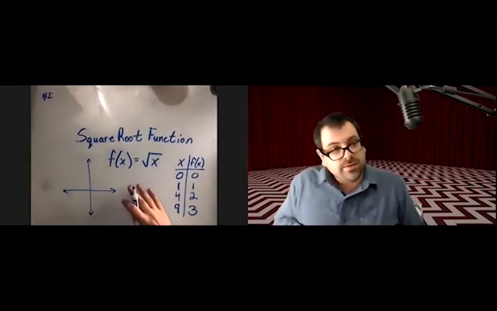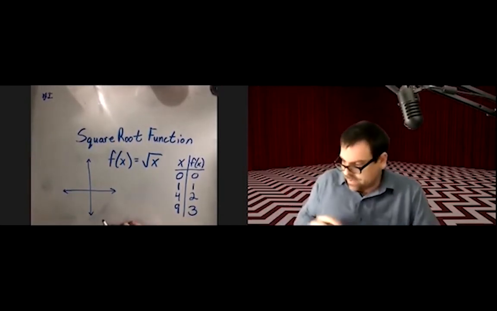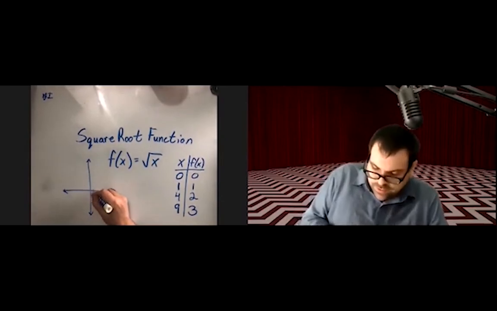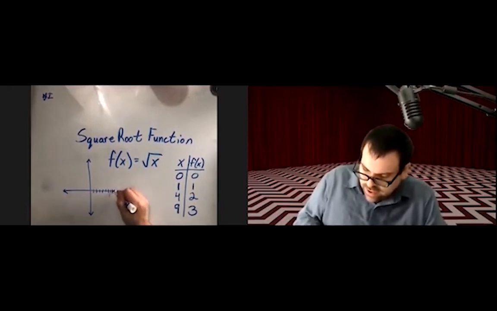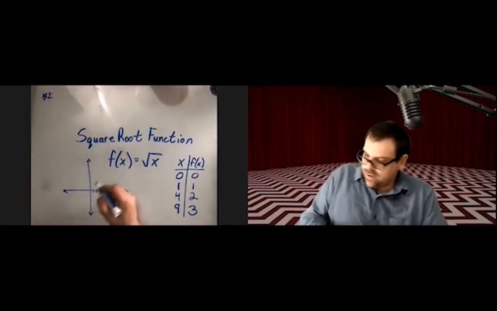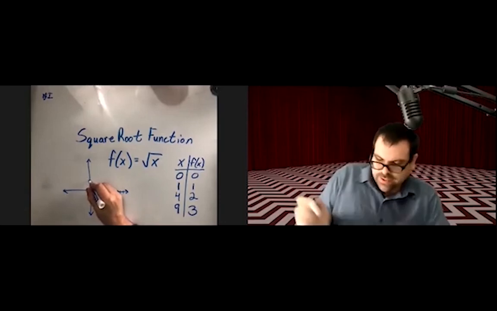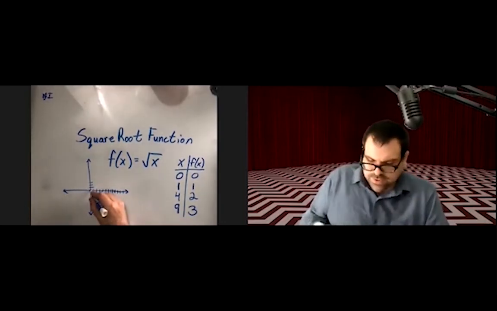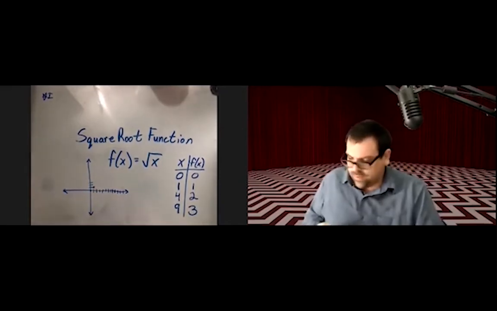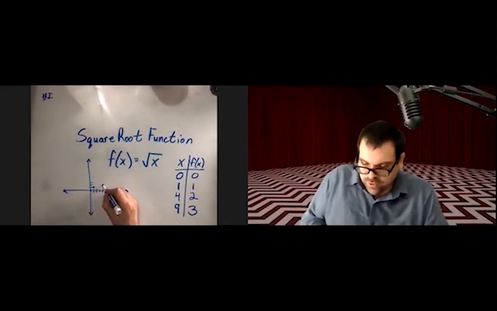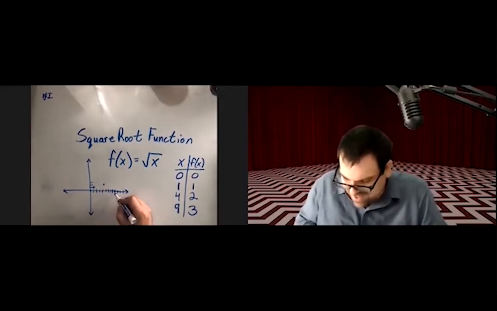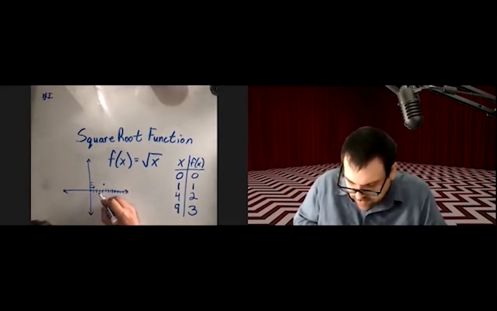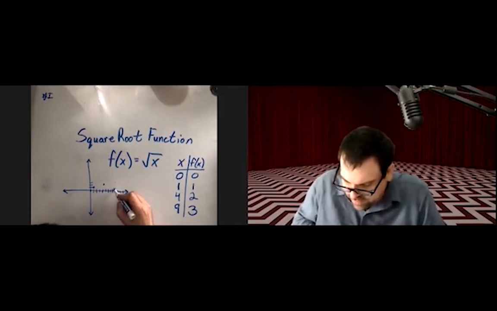Now I'm going to show something related to that in a second, but I want to get these points up here. 1, 2, 3, 4, 5, 6, 7, 8, 9, 10, 11, 12. Okay. And 1, 2, 3. That's enough there. So (0, 0), (1, 1), (4, 2), (9, 3).